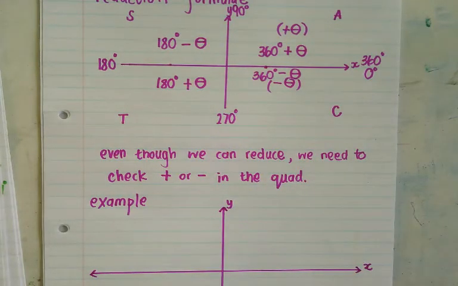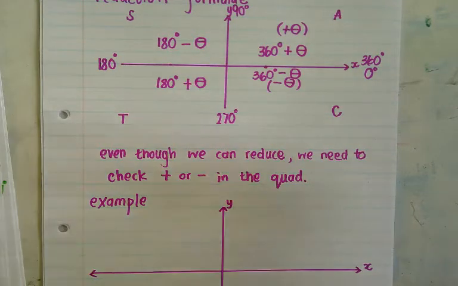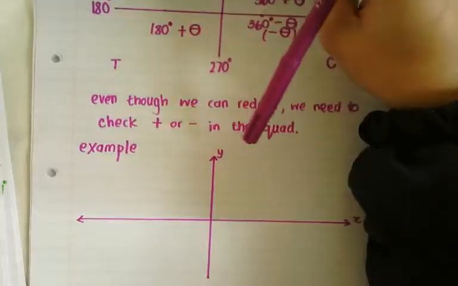I'm going to give you 4 sine values that I want to put onto this plane. The first one I'm going to give you is sine 380 degrees. In which quadrant would sine 380 degrees be?